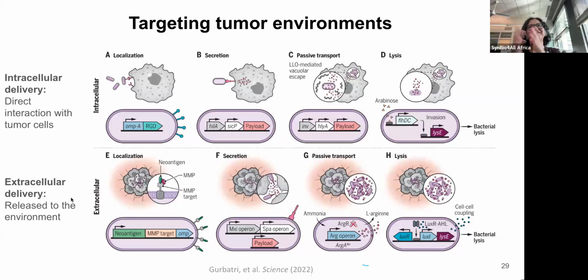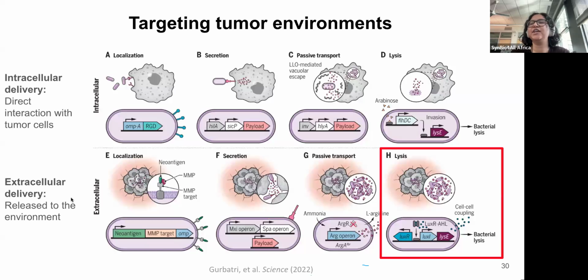And within that, there's a bunch of different things that we can do to actually disrupt the tumor cells. I don't think that we have enough time to talk about all of them, and so I'm going to focus on this concept of lysis because it's very prevalent in the literature, and I think it's quite interesting. And so we're going to talk about this first.